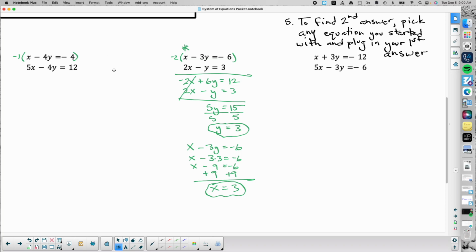And then that will allow me to cancel 1 out. Okay, looking at problem 4, 5. If I add them right away, will something cancel? Yeah, the y's would. So I don't need to multiply by anything. I can just immediately add the 2 lines.